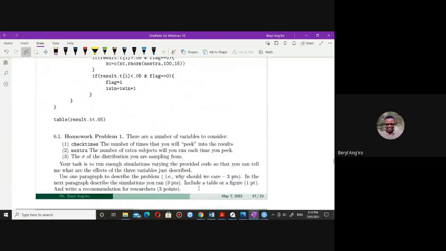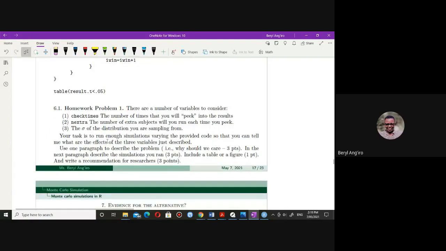We have some homework. There are a number of variables to consider. That is the check times, the number of times that you will peek into the results; n extra, the number of extra subjects that you're going to add; and theta, the distribution that you're sampling from.